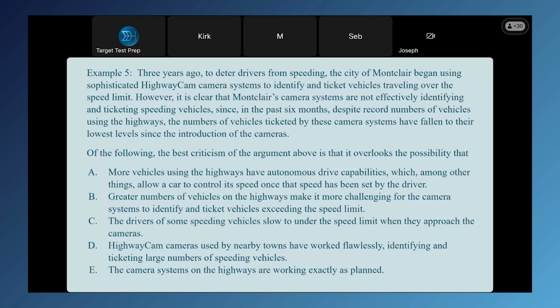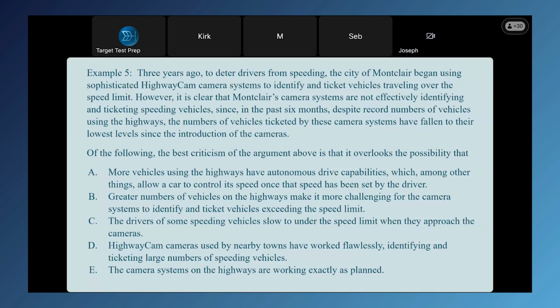Those cars weren't speeding when they were by the cameras. So even if those cars were speeding all of the rest of the time, if they weren't speeding where the cameras are, then the cameras didn't fail to ticket them because they weren't speeding there.